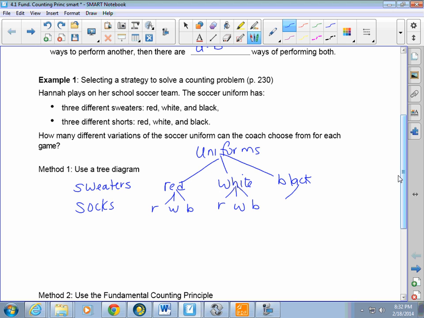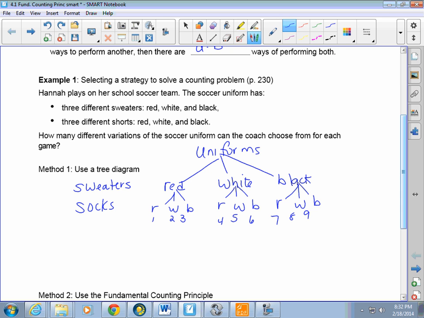And if they chose the black sweater, they could choose red, white, or black socks to wear with that. So altogether then we have 1, 2, 3, 4, 5, 6, 7, 8, 9 possible uniform variations that they can choose from.